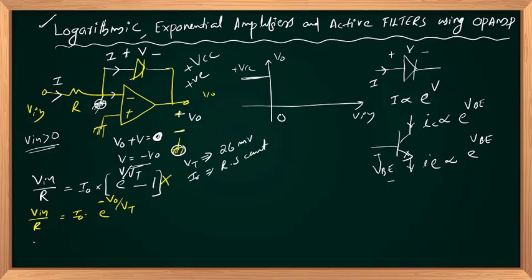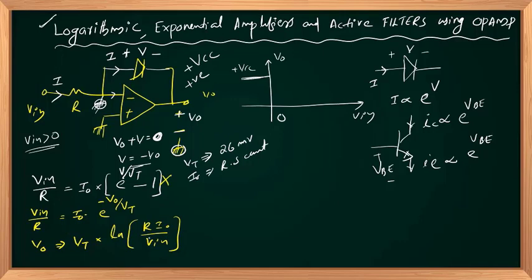Taking natural log on both sides, that implies V out is equal to Vt times ln of R times I naught upon Vin, or you can put a negative sign here and make it Vin upon R I naught.